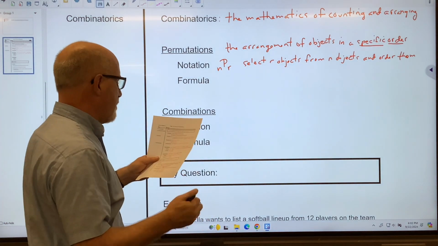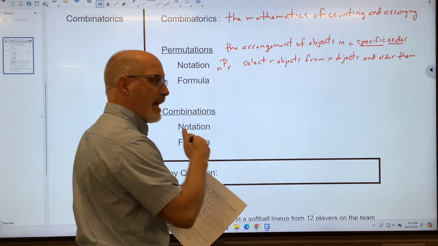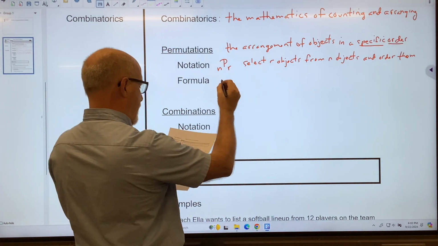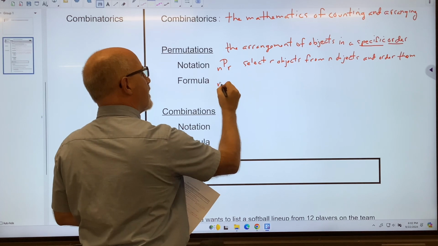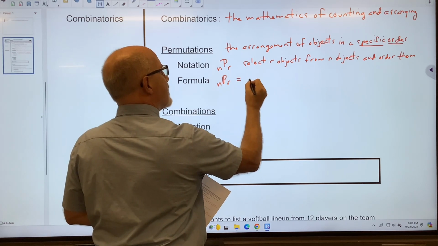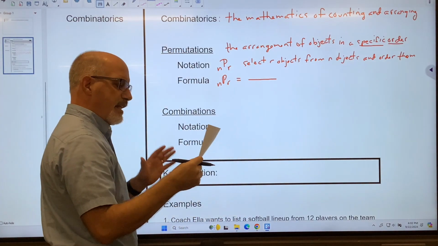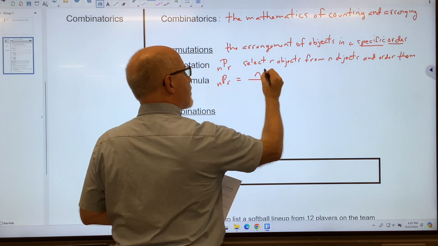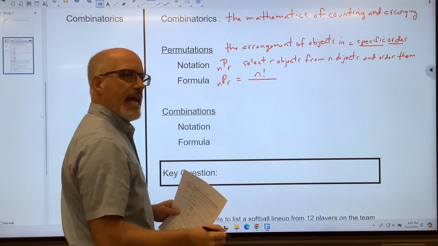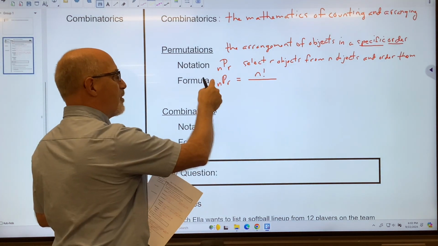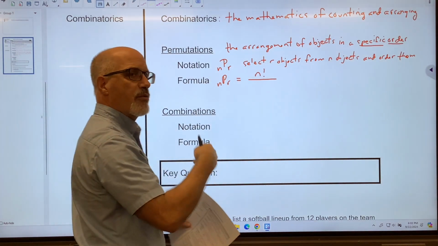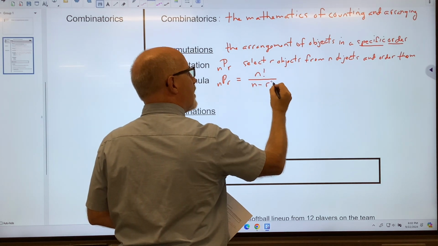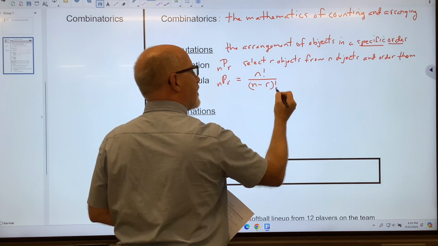The formula to figure out how many different ways to do that, for nPr, is a fraction. In the numerator we have a factorial: you just take the number of objects in the group, n factorial. In the bottom you take the number in the group and subtract the number you're choosing, so it would be n minus r, and then take the factorial of that.